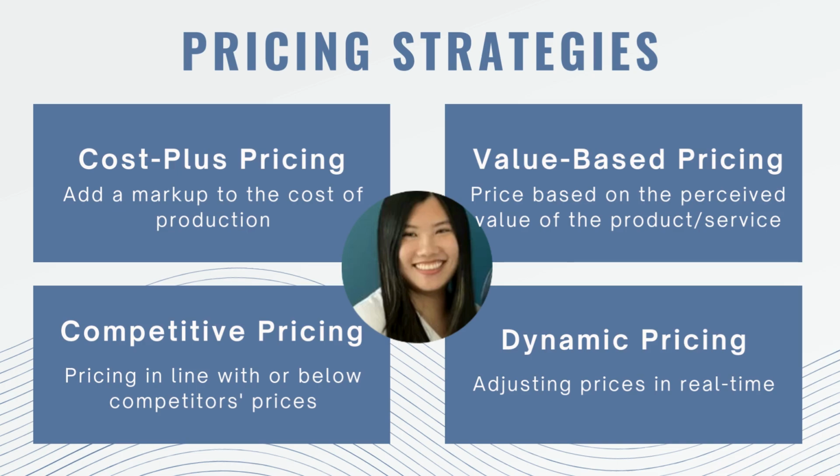And how to use it is to utilize technology and algorithms to adjust prices in real time based on factors like demand, supply, competitors' pricing, and customers' characteristics. You want to ensure transparency and avoid alienating customers.